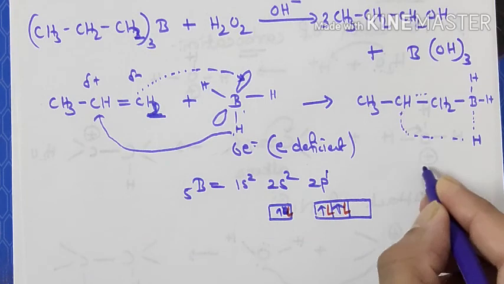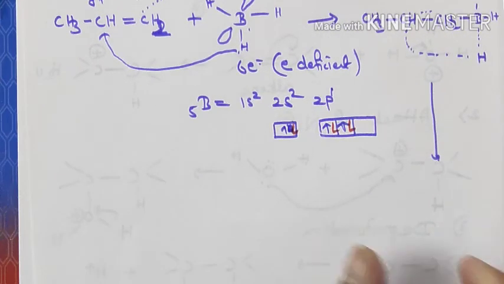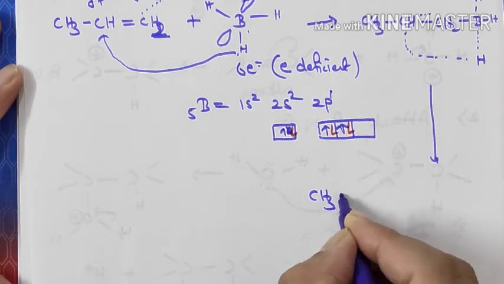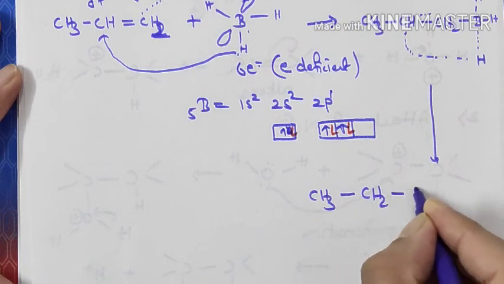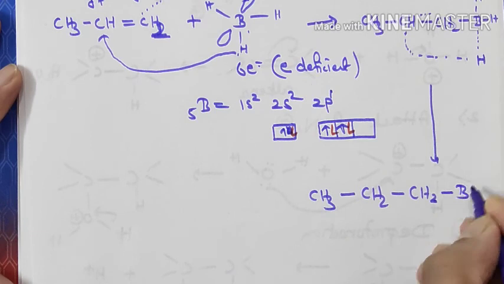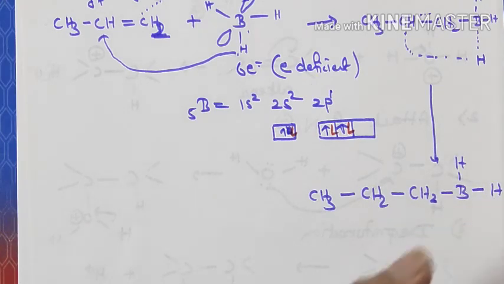Okay, so what will be the product? Let's see the product, student. CH3, this H comes over here to form CH2. This is CH2, B, H, H. Got that?